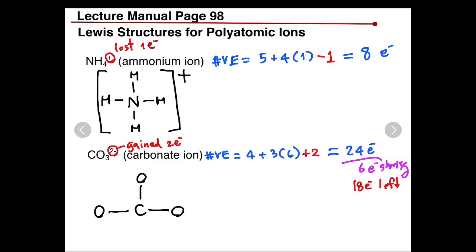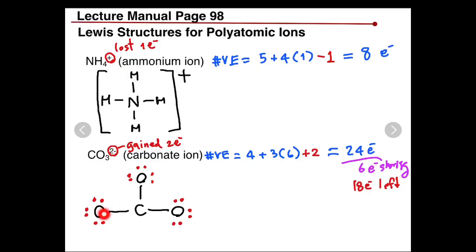I'm going to put them around the terminal atoms first. So 1, 2, 3, 4, 5, 6, 7, 8. This already has an octet. Another 1, 2, 3, 4, 5, 6, 7, 8. This already has an octet. And 1, 2, 3, 4, 5, 6, 7, 8.